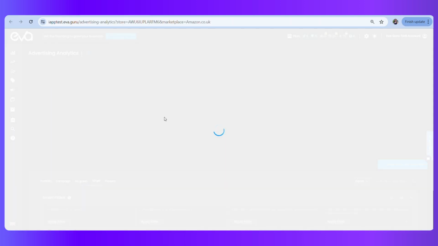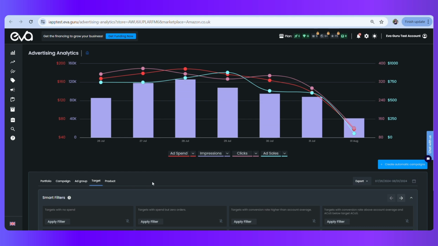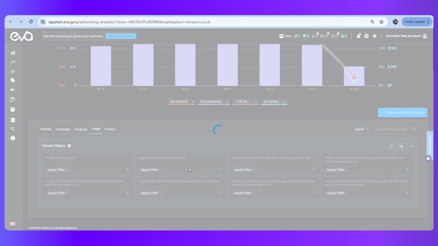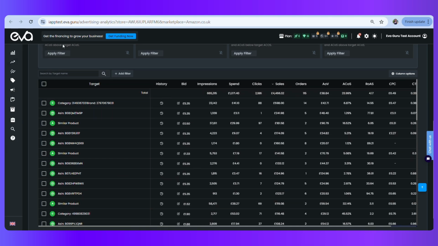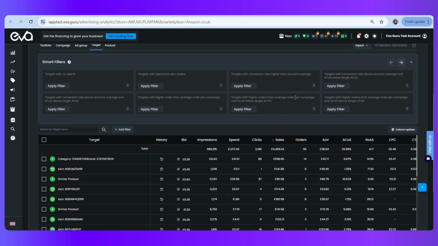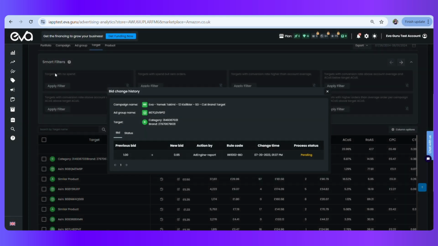If I click the Seen Analytics button, I will see the targets that are performing well, sorted by the advertising sales value. So thanks to this redirection, since they are high-performing targets, I can increase the bids, or I can also check if the AI has done anything like reducing or improving the bids.